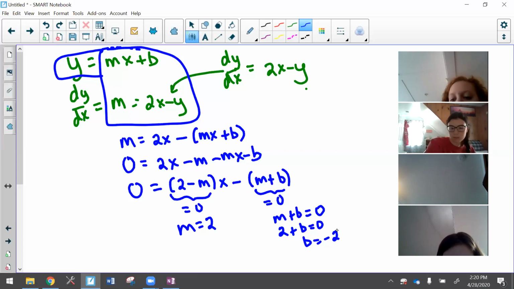The trick there is knowing that you want this to be true for all values of x, and that means that my terms have to go to 0 on their own always. Okay.